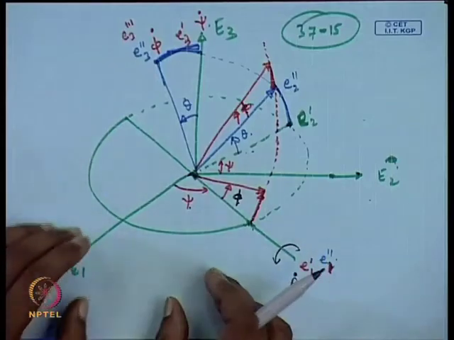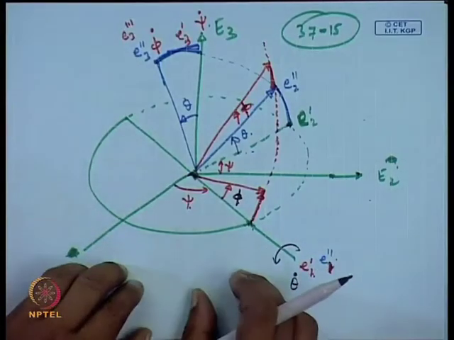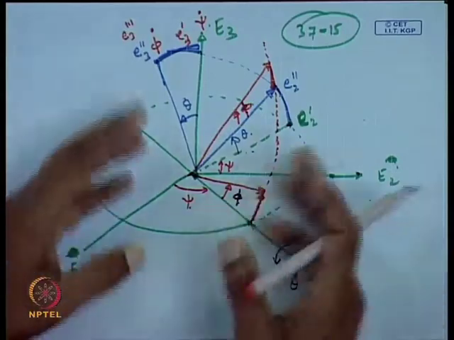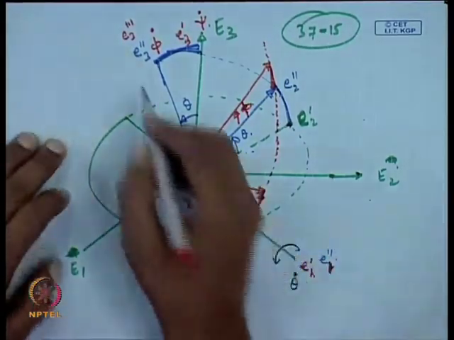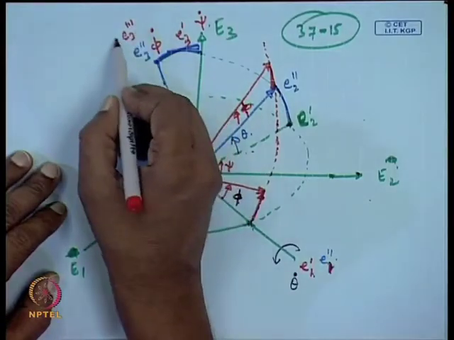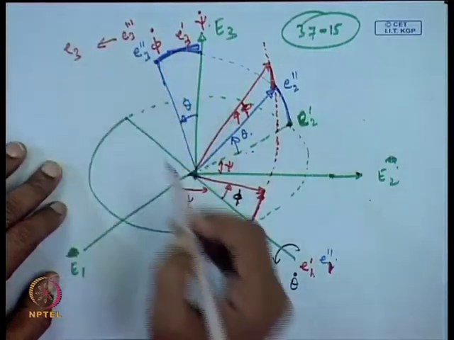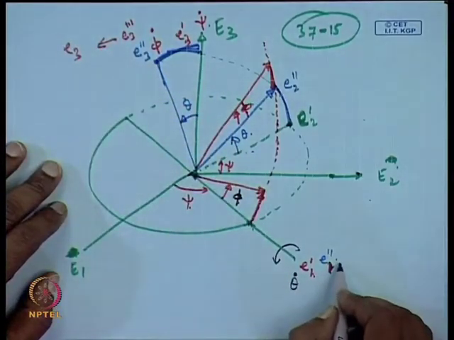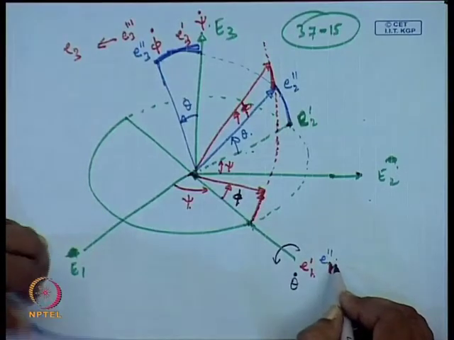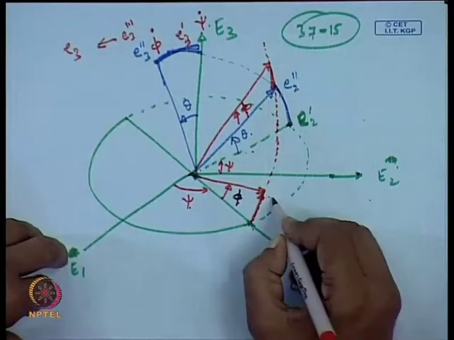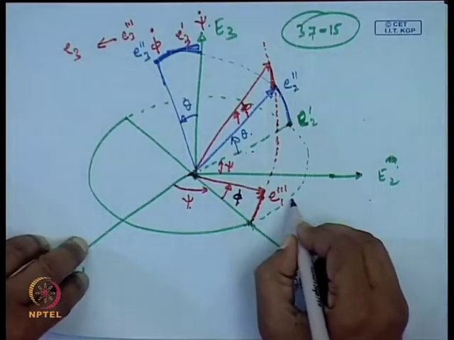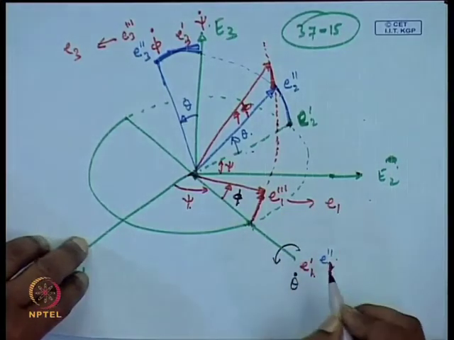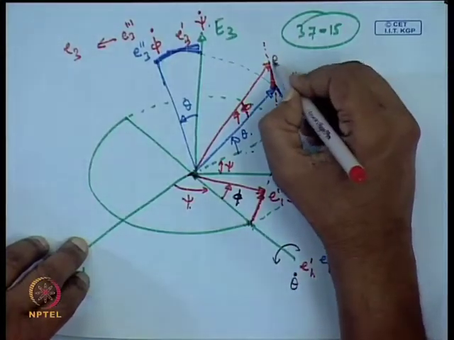So, any set of vectors, once we need to convert from the inertial reference frame to the body reference frame, say the final orientation which we have got as E triple prime, we write as E3, and this is moving from this place to this place. So, we write this as E1 triple prime, which we will show as E1, and E2 moves from this place to this place.